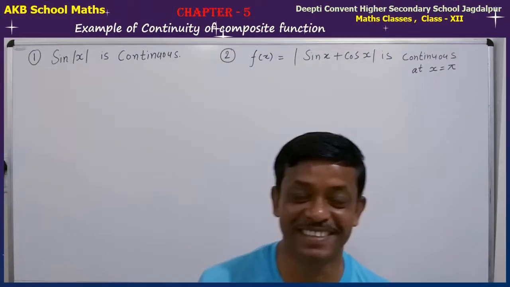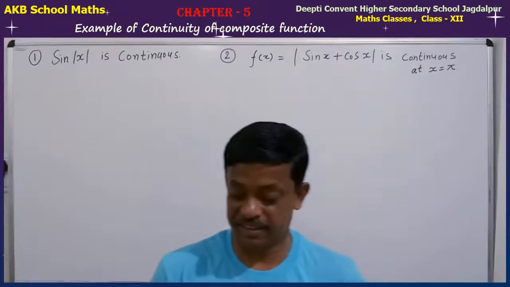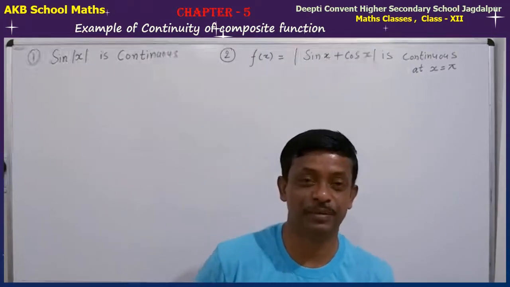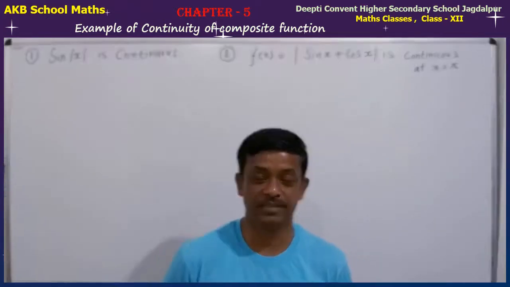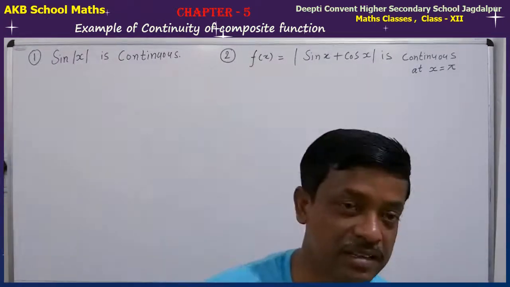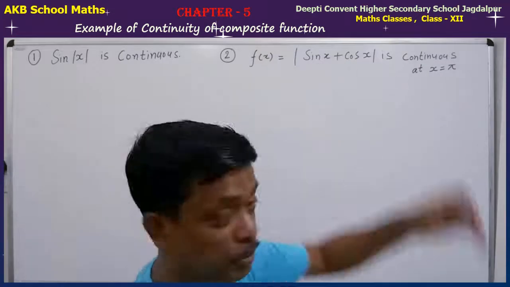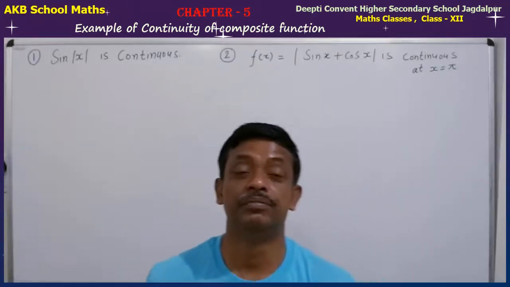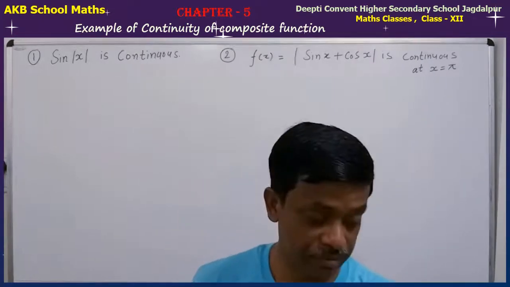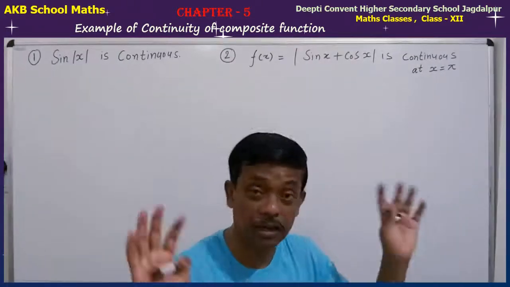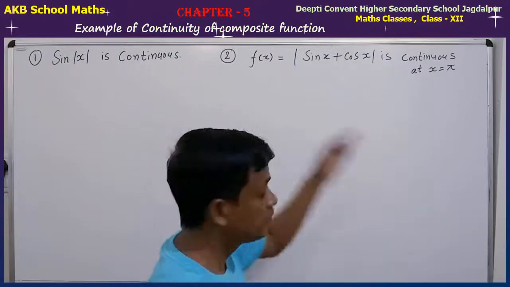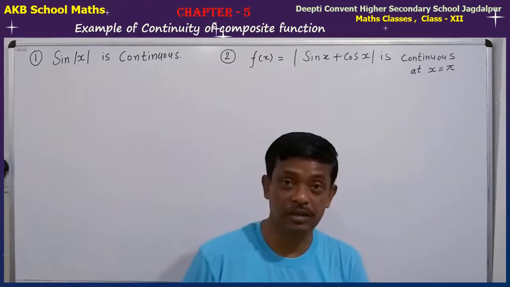Hello, dear students. We know the property of continuous functions from the previous class. We know the property related to composition of two continuous functions. If two functions are continuous, then their composition will be continuous.